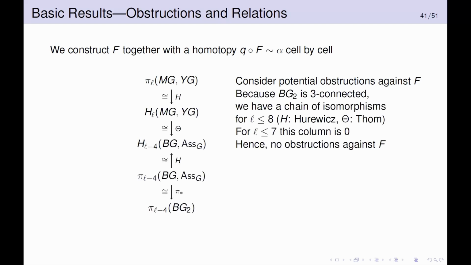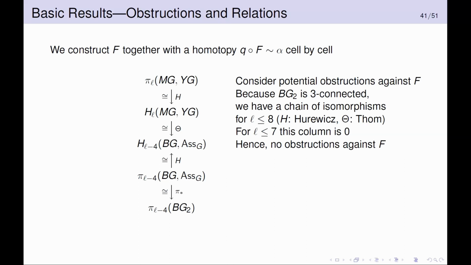And now you have a nice chain of isomorphisms. And it's best to read it from the bottom. You know that BG2 is 3-connected. And you know from the way you prove the long exact sequence for fiber bundles that it's isomorphic to the relative group of BG relative to the fiber.